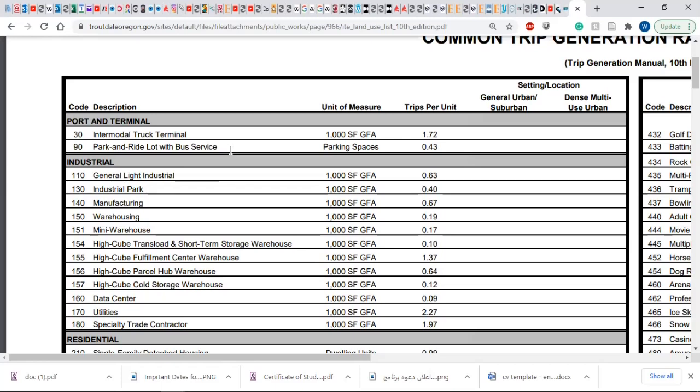And they take buses and they go to Jebel. And the same also for some employees from Aramco, okay? They do the same. So here, for parking spaces, the trips per unit is 0.43. That's what they have observed. That means if you have 1,000 parking spaces, you can expect 430 trips generated from that parking lot.